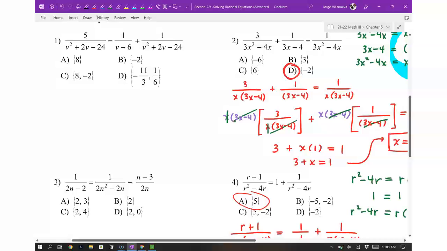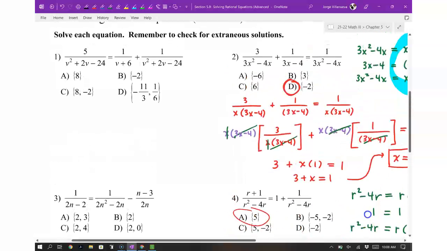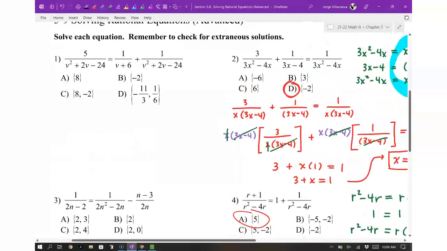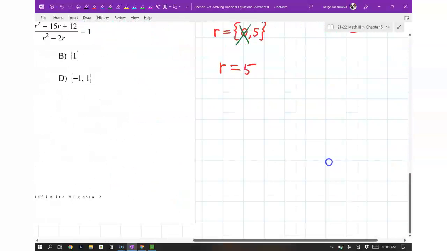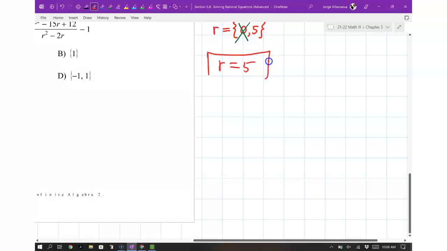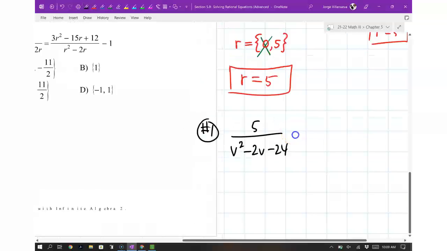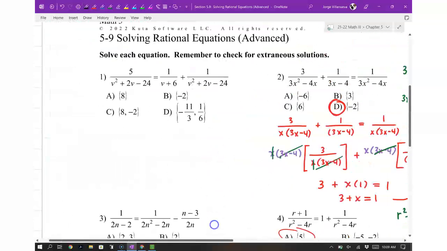So let me just write this out really quick. So what is it? V squared plus 2v minus 24. All right. So this is number 1. 5 over v squared minus 2v. I think I said that right. I may be wrong. Let me go check.